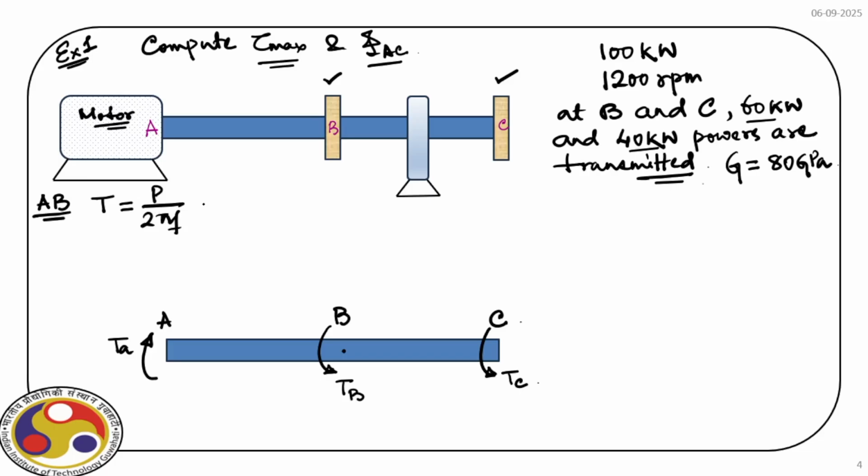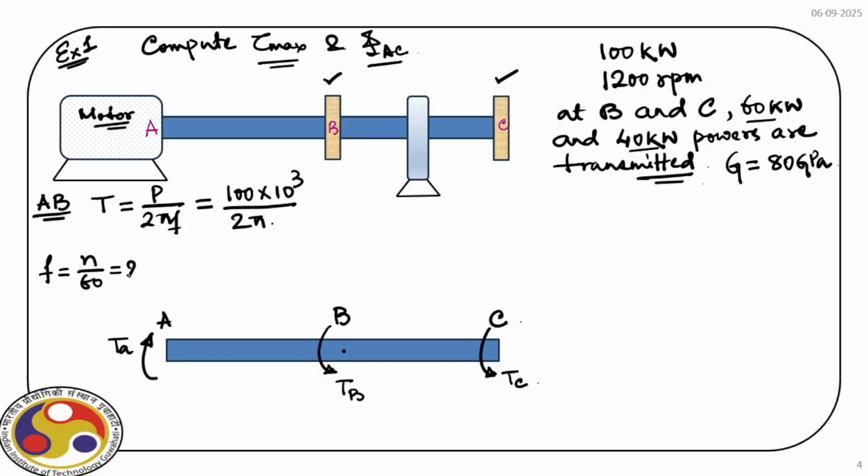Then we can evaluate this. The power is 100 kilowatt. So 100 into 10 to the power 3 divided by 2 pi F. We can calculate F. F is equal to N divided by 60. So N is 1200 divided by 60.